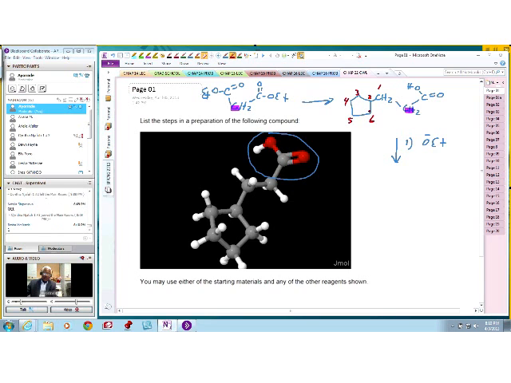Okay, 1. In other words, excellent, that is correct. In other words, we are going to use this alkylating agent, and this time let us use a bromine atom as the leaving group.